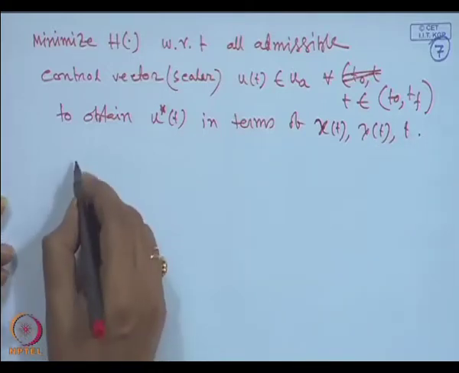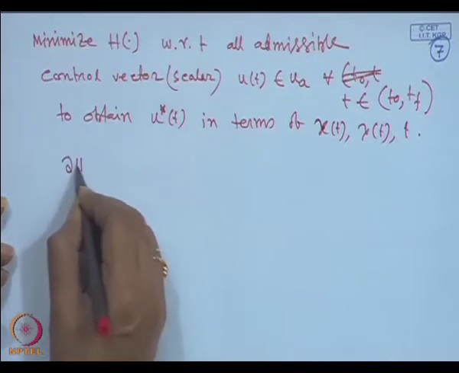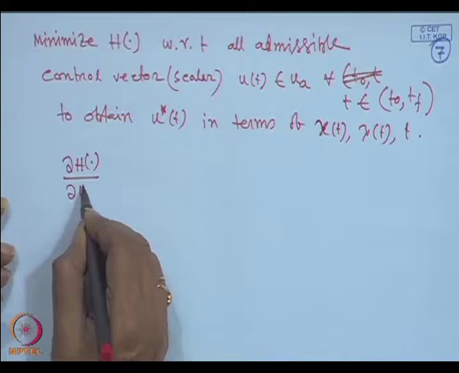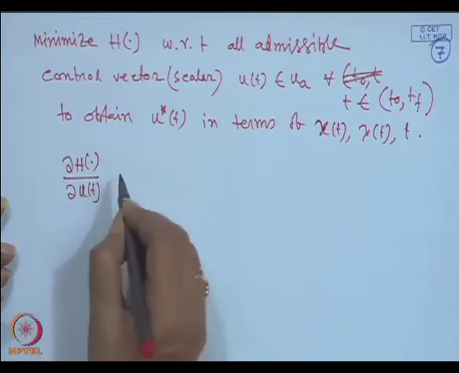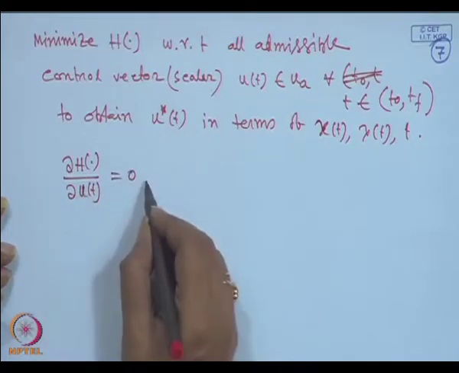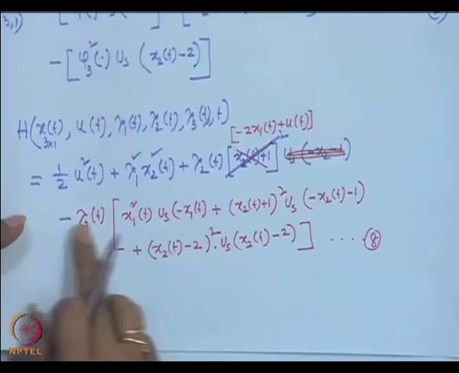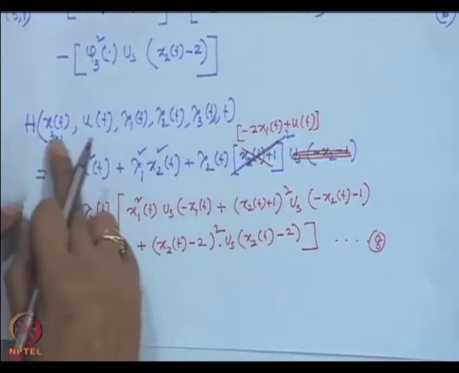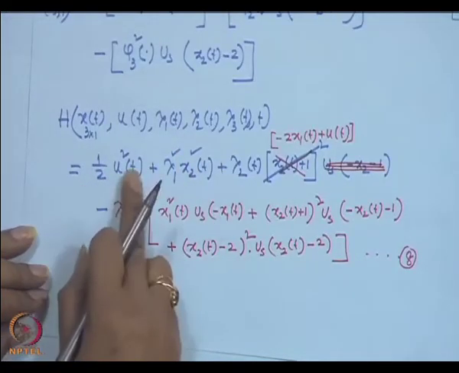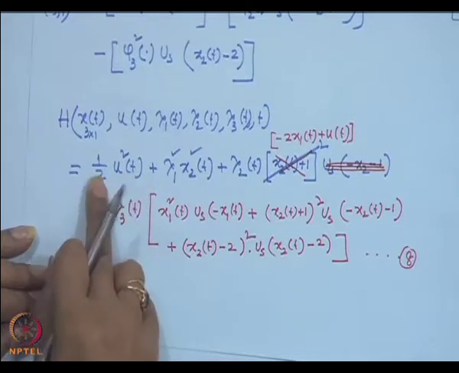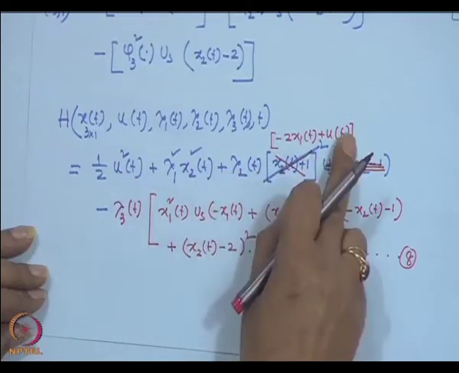So, let us see what is our necessary condition: del H del u of t is equal to 0, which implies, if you differentiate this Hamiltonian function with respect to u, there is no u term here, here is u.